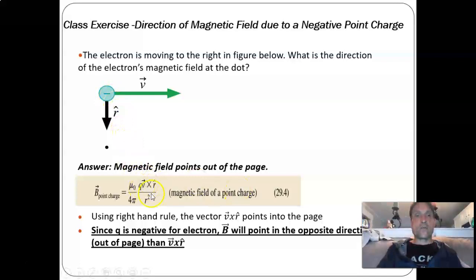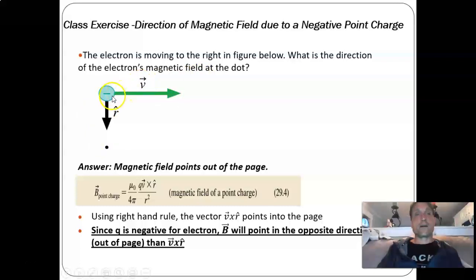So what that means is when we tack on a negative sign here, B is anti-parallel, in the negative of the direction of V cross R, which would be out of the page. And so the magnetic field due to the electron at this location would be out of the page.